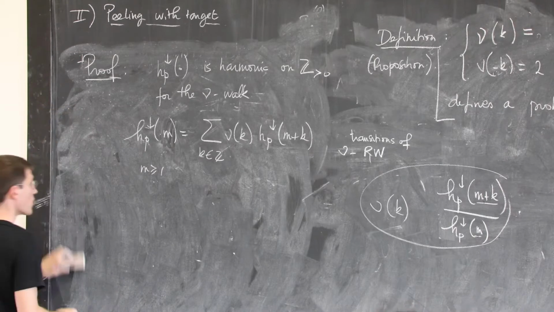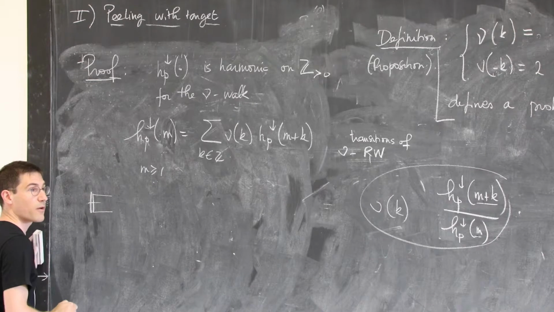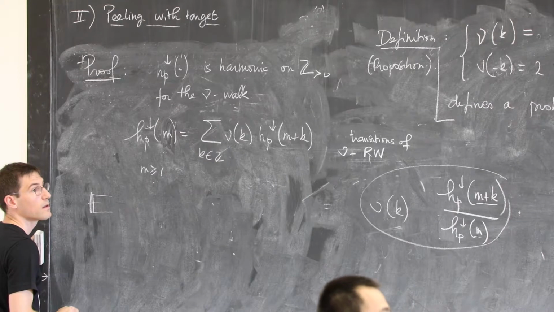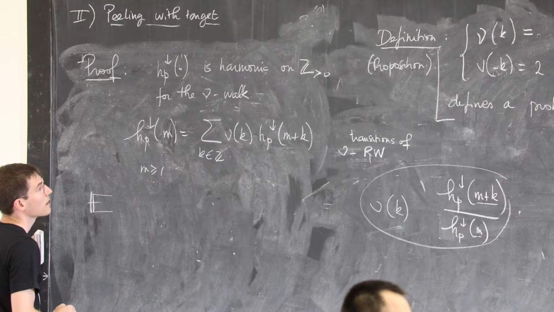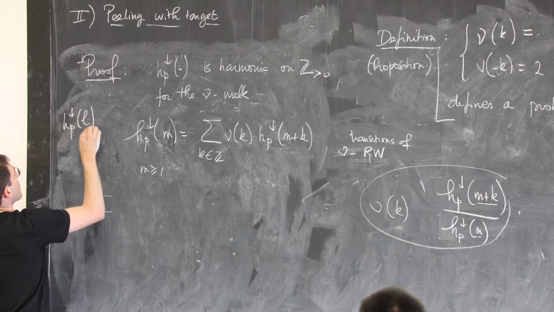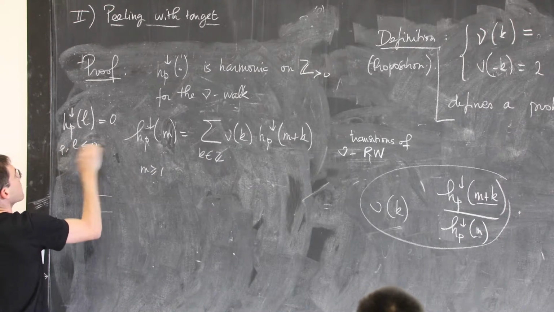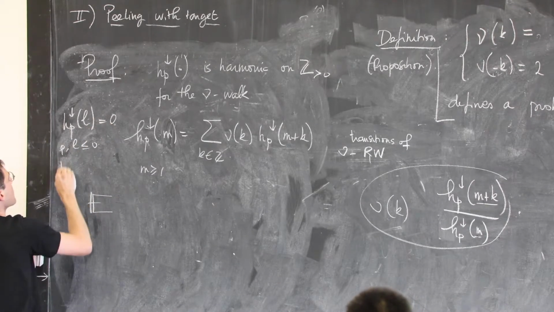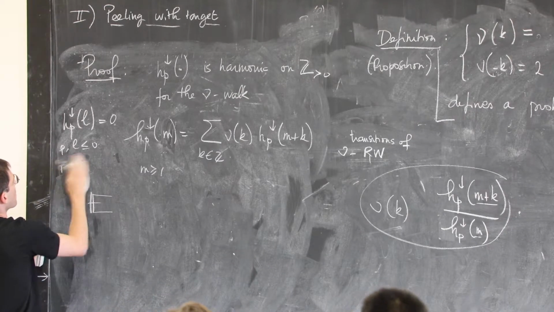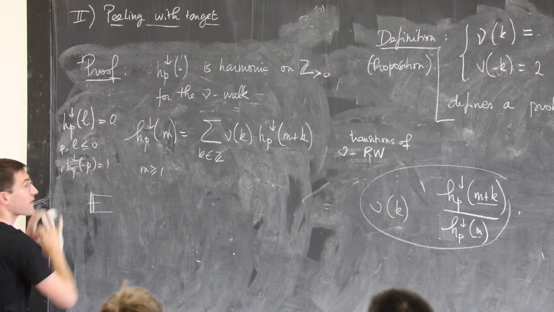Okay, so you can write with the optional stopping theorem for martingale, yes? Yes, yes. If P, L are negative, I put it 0 unless P is equal to minus L. Or if you prefer, HP of minus P is 1. That's the only case.